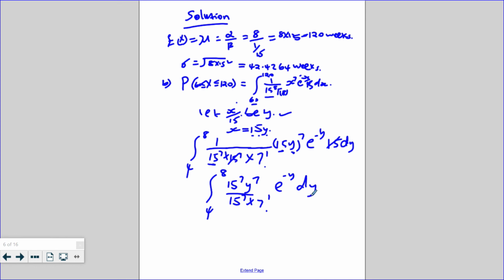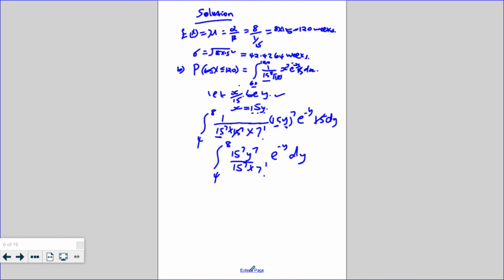So y and the 15, so what will we obtain here? In substituting that, we can factor 7 factorial out because it's a constant. 1 out of 7 factorial, therefore we remain with the integral from 4 to 8 and then y to the power of 7 exponential negative y dy.